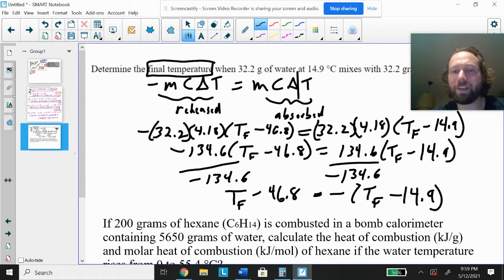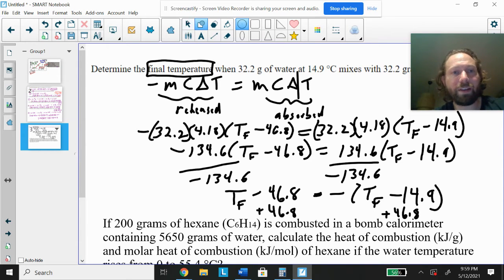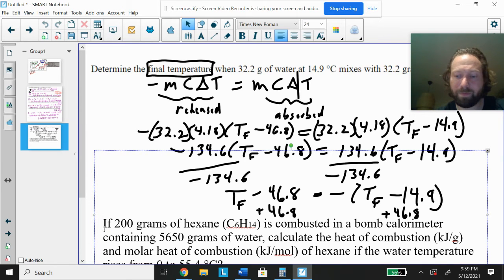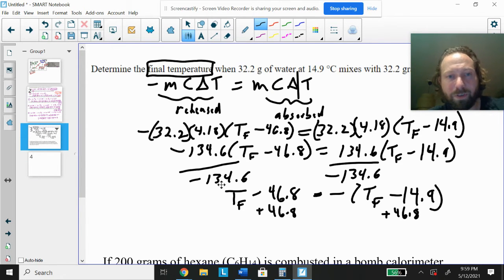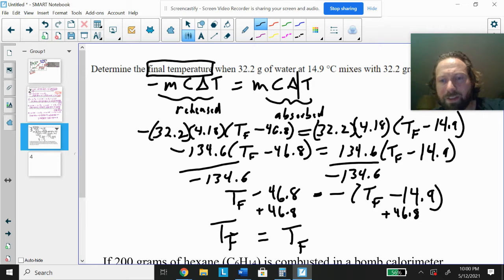Okay, so what we can do is add the 46.8 to both sides, and what we're going to get is temperature final equals, and this is negative, and then negative negative, so that's positive 14.9 plus 46.8, so that's going to be 61.7.